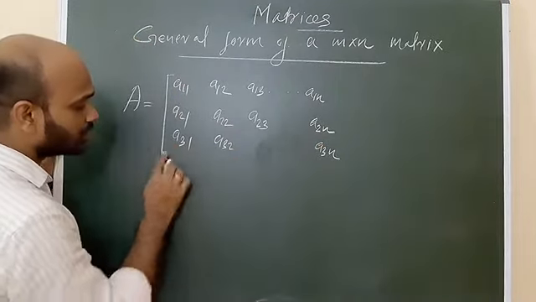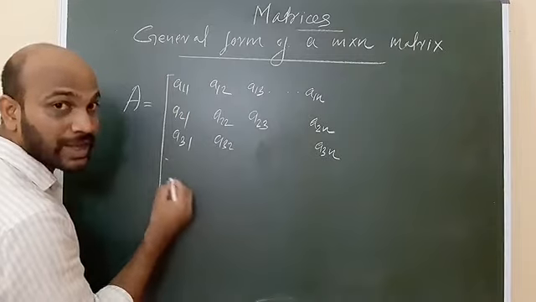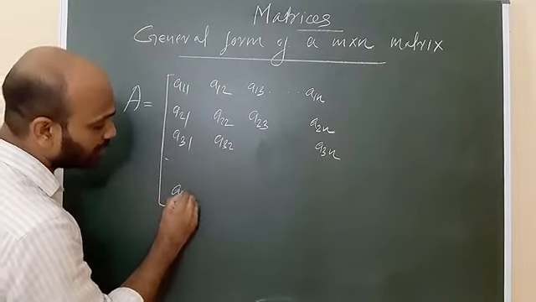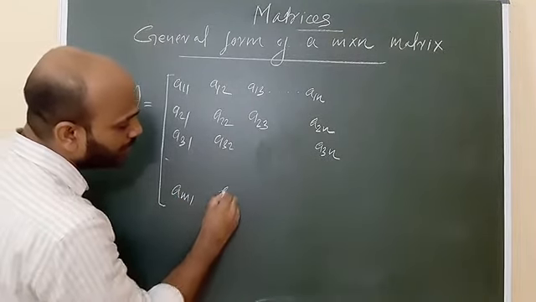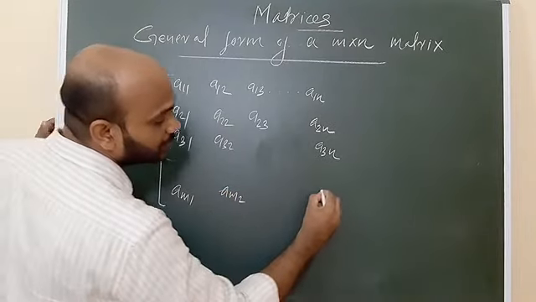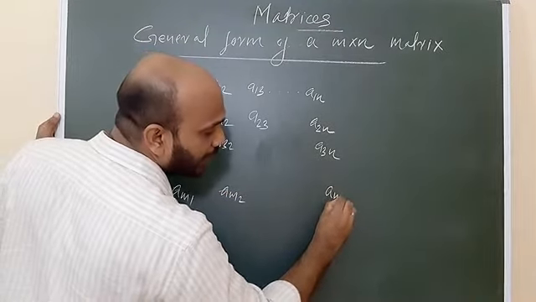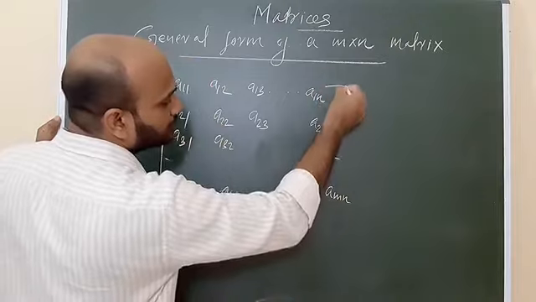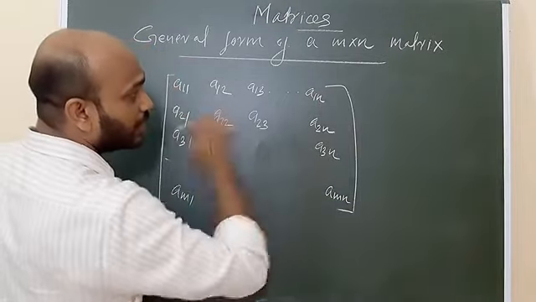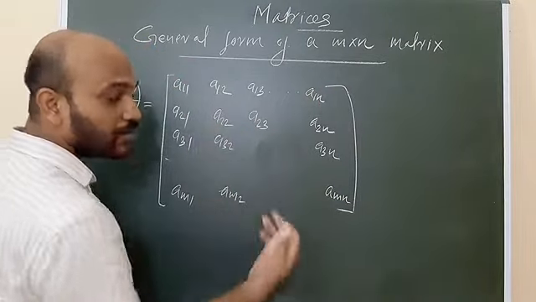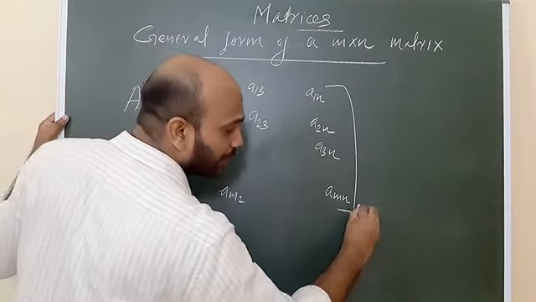Like that it goes. So for the last row, how many rows are there? M rows. So the last element is Am1, Am2, etc., and this will be Amn. So there are m rows and n columns. The order of the matrix is m by n.